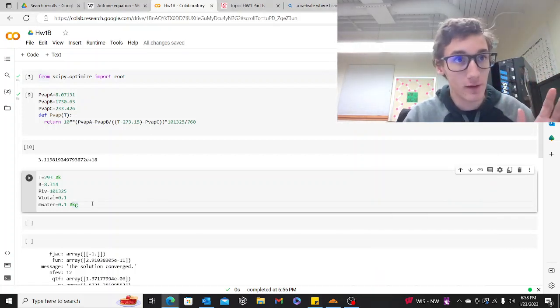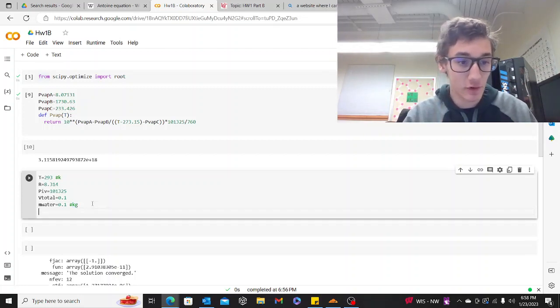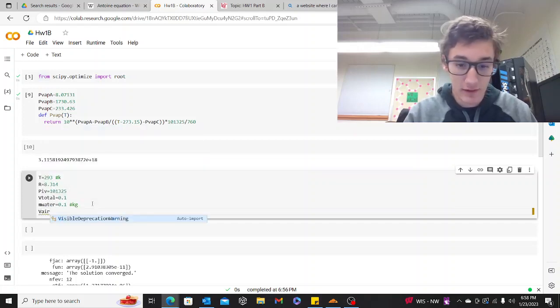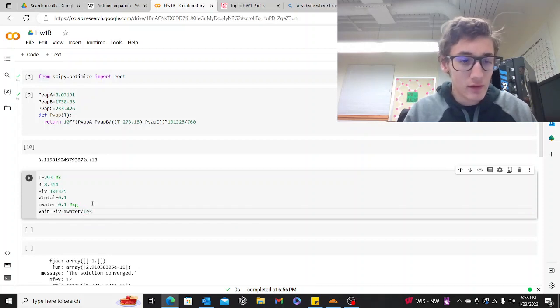First, to get the moles of air, or the vapor, we're going to need the volume. And so to get the volume, you would have V air equals PIV minus M water divided by 1e to the 3, otherwise known as the density at these units.